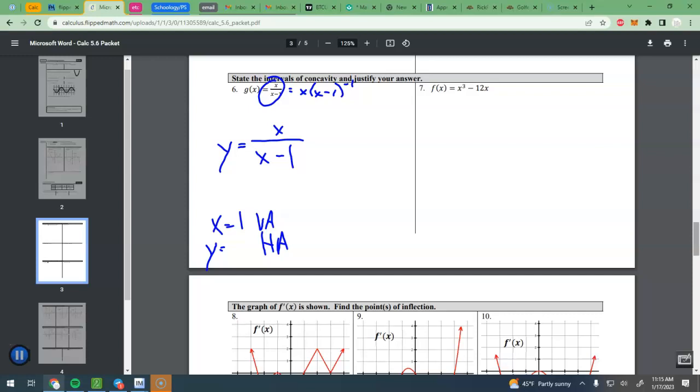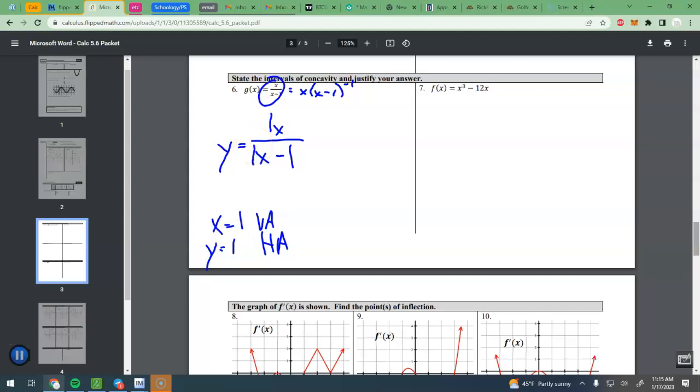Where's the higher power? There is none. It's the same. It's tied, so you take the coefficients of the higher power.